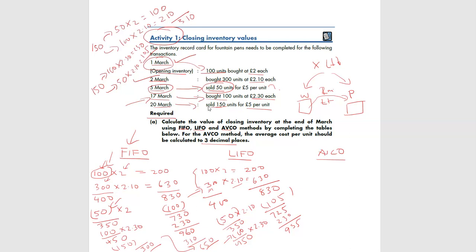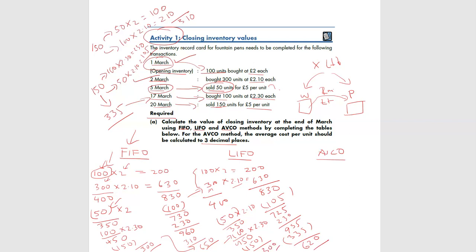So 230 plus 105 will be 335. So the value of the 150 unit will be 335. If I subtract that from 955, that gives me 620. So 620 is the value of 300 unit.